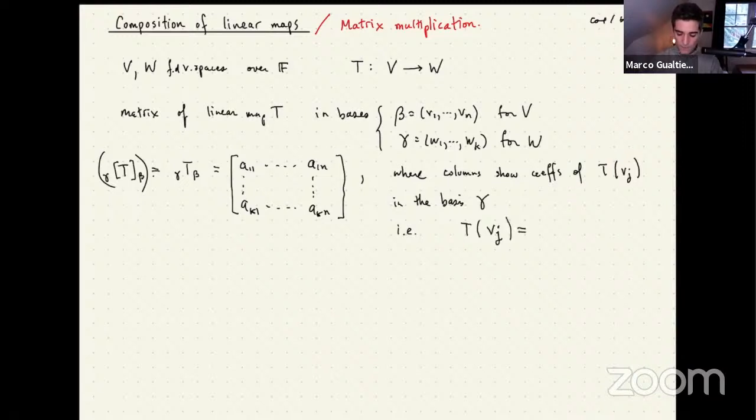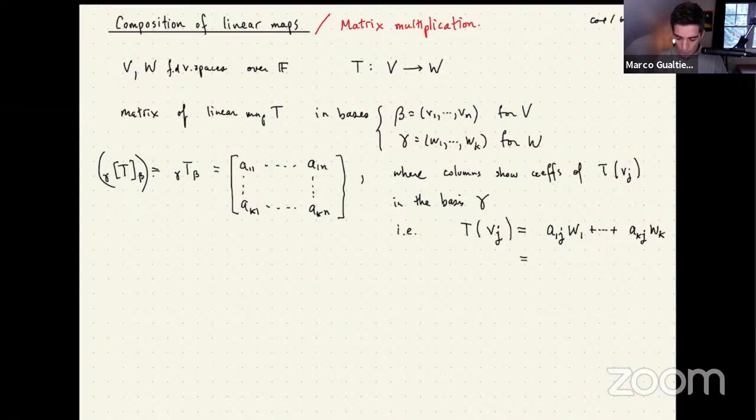We should get A1j, the first element of the jth column, multiplied by w1, plus, going down the column, Akj wk.